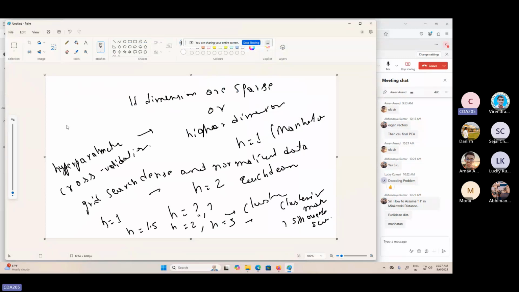And if you have the domain knowledge, then we can say that if the data set is small, with a small difference, then higher p might specify the better difference. Okay, Manu, are you clear with this?